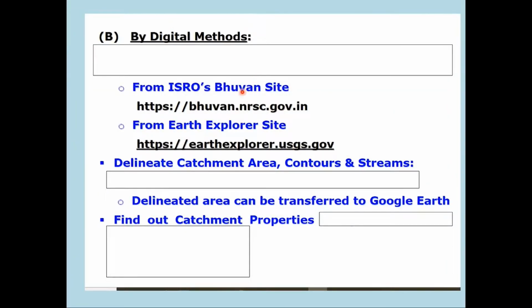By digital methods we use the Bhuvan site, then the Earth Explorer, and by using these two sites we delineate the catchment area, contour, stream length, center of gravity, everything is found out, and thereafter you have to use it in the calculation method which I will be teaching today.